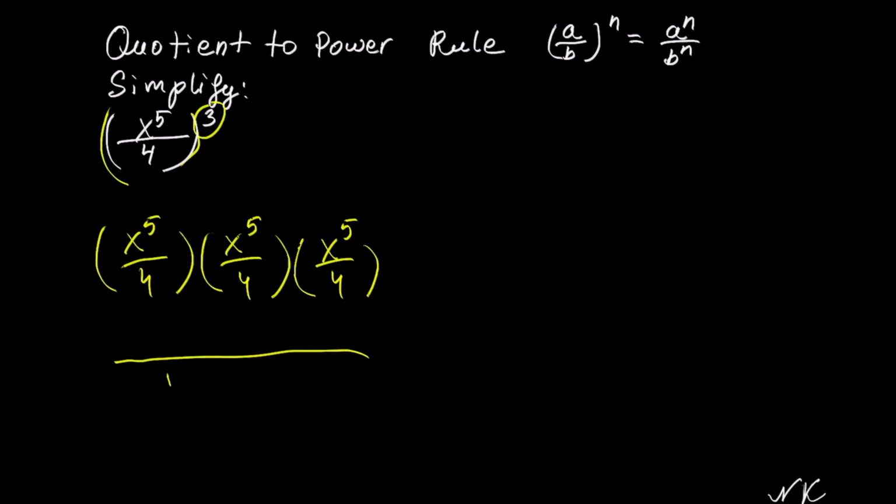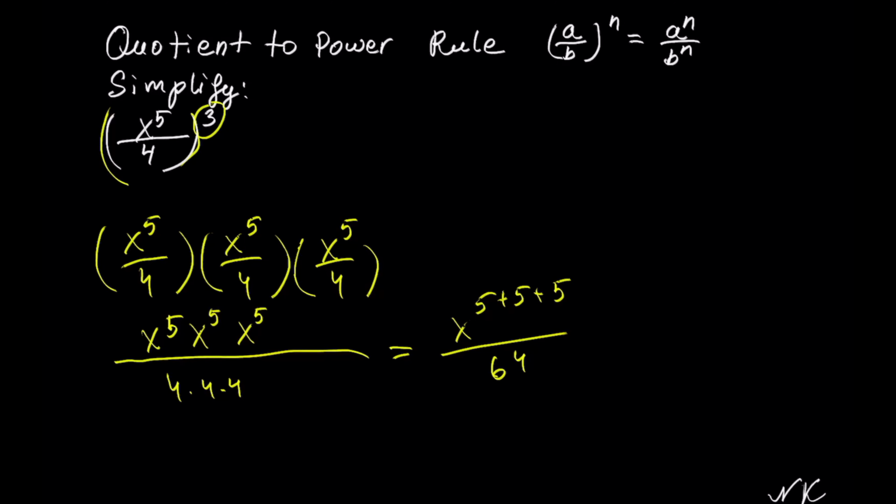This will give us 4 times 4 times 4 in denominator, and x to the 5 times x to the 5 times x to the 5 in numerator, which will give us x to the 5 plus 5 plus 5 in numerator out of 4 times 4 times 4 is 64 in denominator. So this will be x to the 15 out of 64.